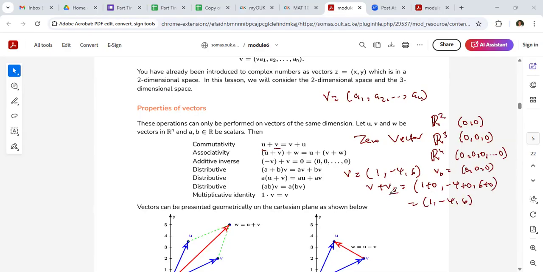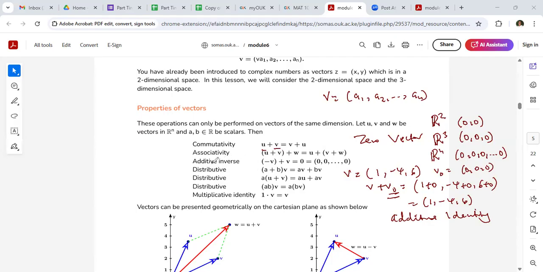So the vector remains unchanged. The reason why we call it the additive identity is that it leaves the vector unchanged whenever you add the two vectors.